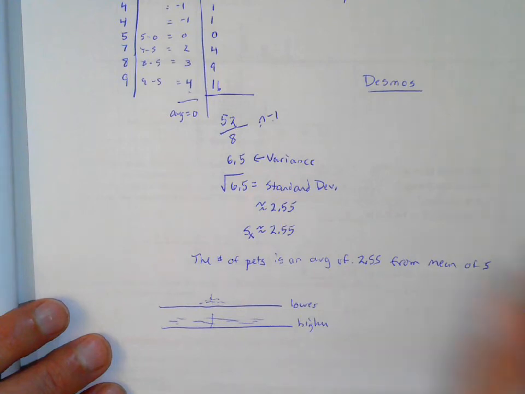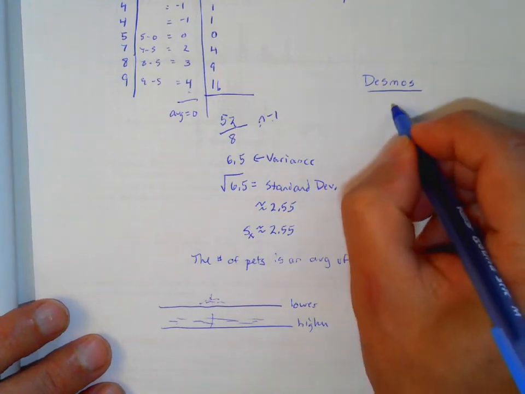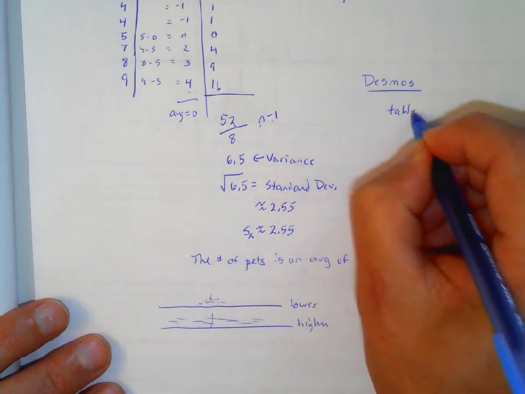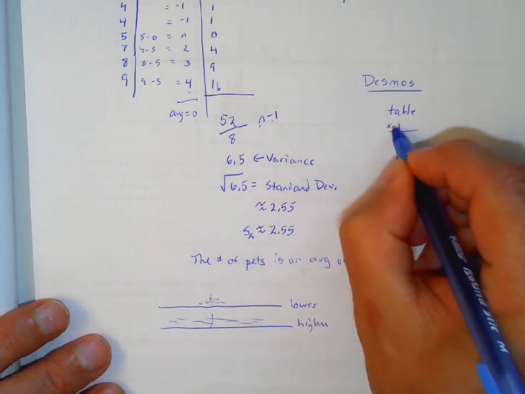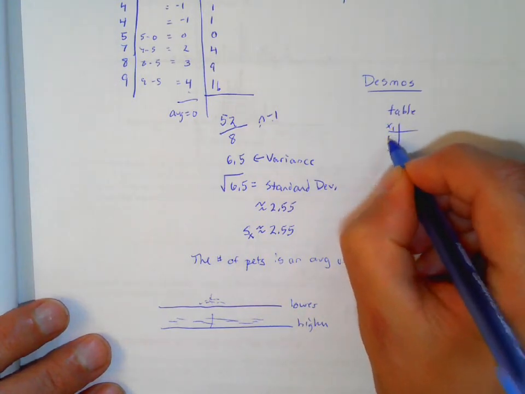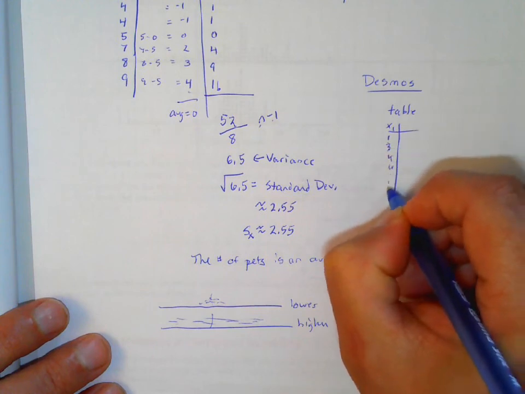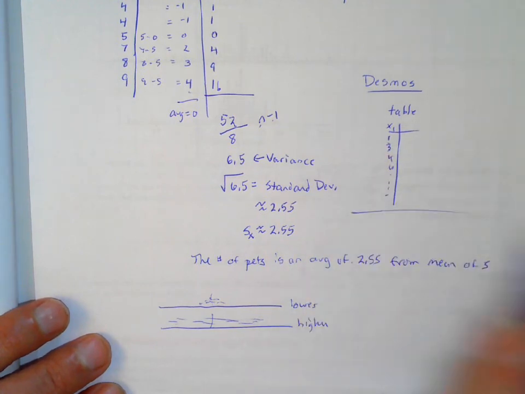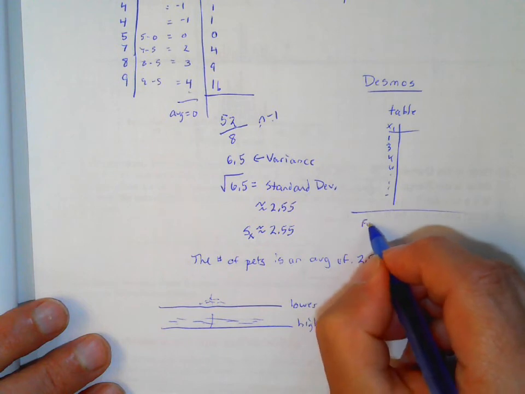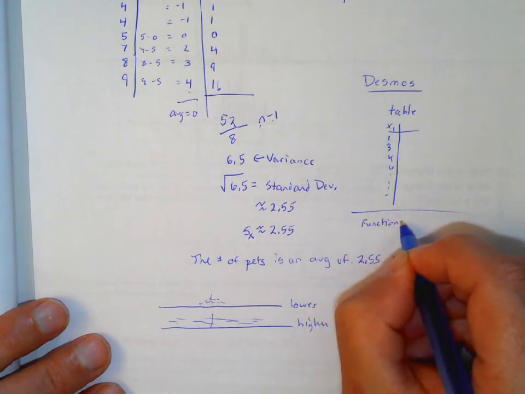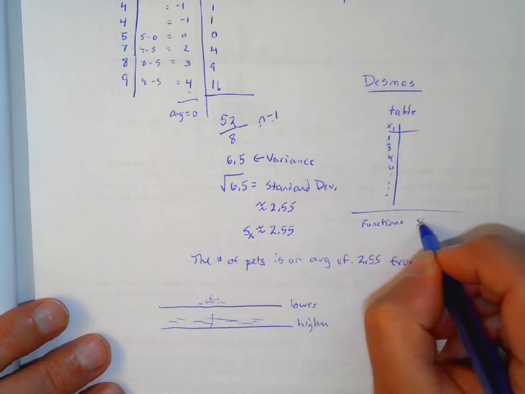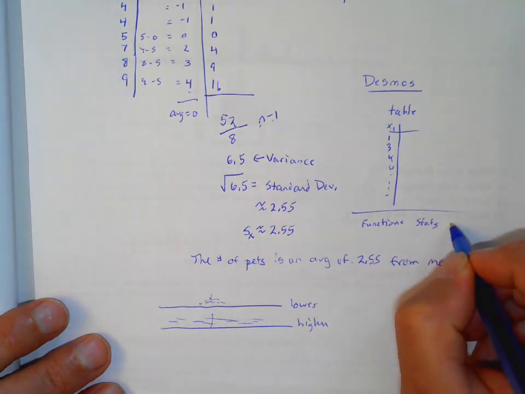Okay, so on Desmos, you would want to make a table, and in that table you put all your numbers. So in our problem here, 1, 3, 4, 4, etc. Then on the next line, you go under Functions, find the Stats menu, and then choose the standard deviation.